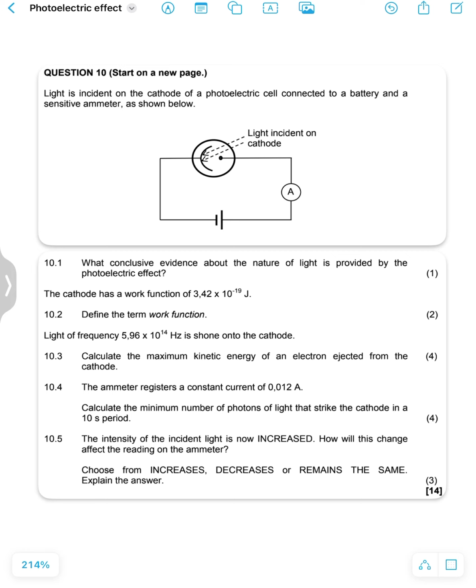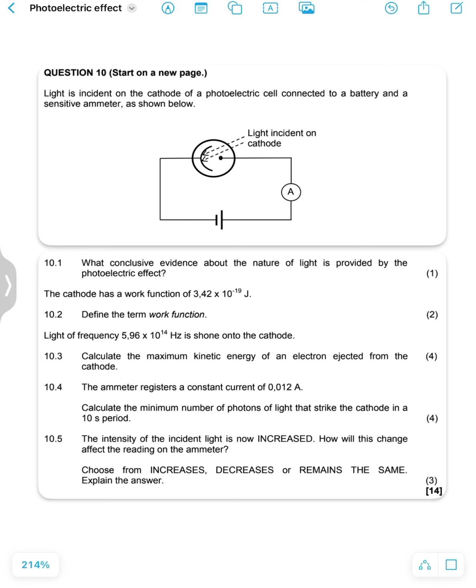Okay, question 10. Light is incident on the cathode of a photoelectric cell connected to a battery and a sensitive ammeter as shown below. So you have light incident on a cathode, and then you have a circuit connecting the cathode to the battery as well as the ammeter.